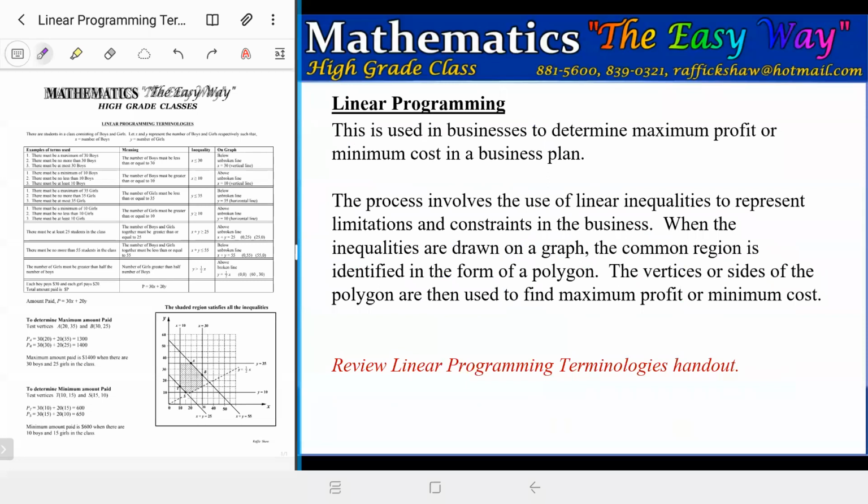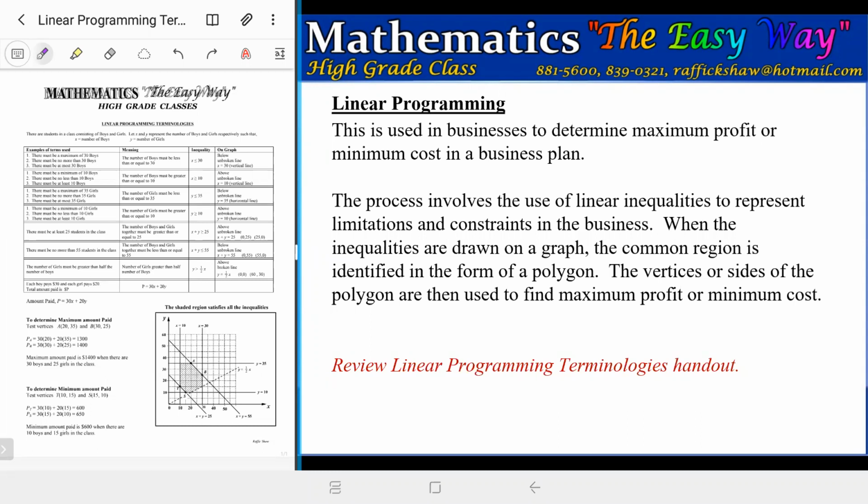Linear programming is used in businesses to determine maximum and minimum profit. They usually use it as part of business plans when they want to submit a plan to a bank to get a loan to start a business.